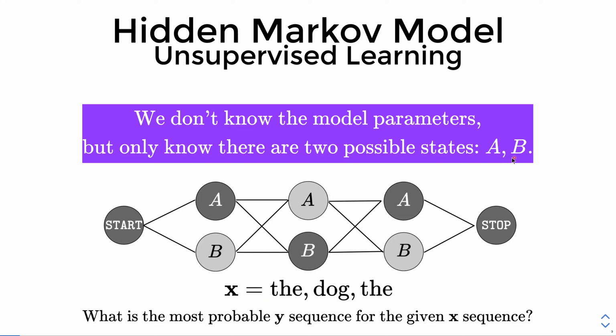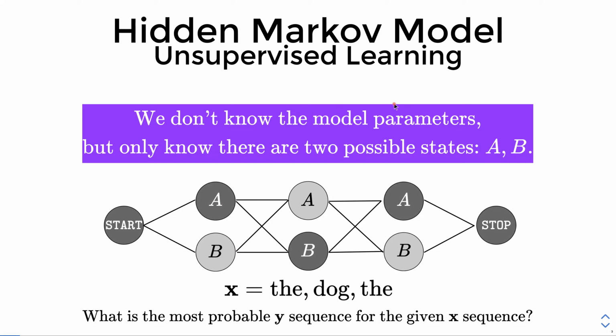Second, you're also given a set of possible states. So in this case, for example, we are given two possible states, A and B. And your job is to learn the model parameters. You want to figure out the model parameters in this unsupervised learning setup.